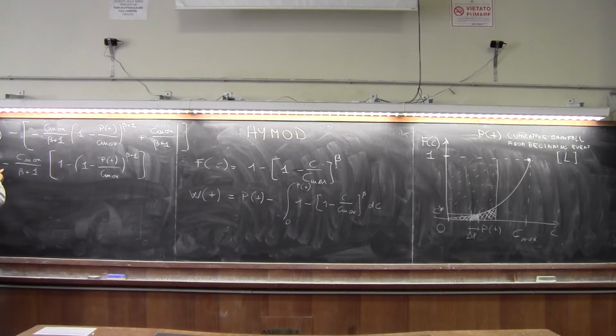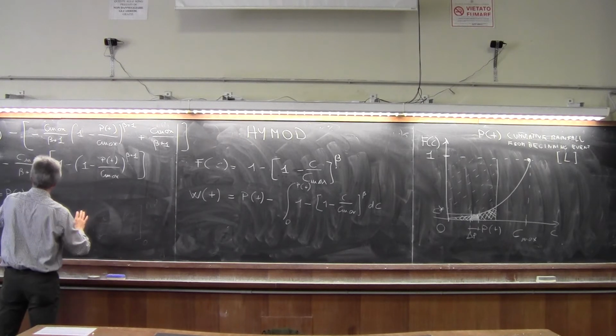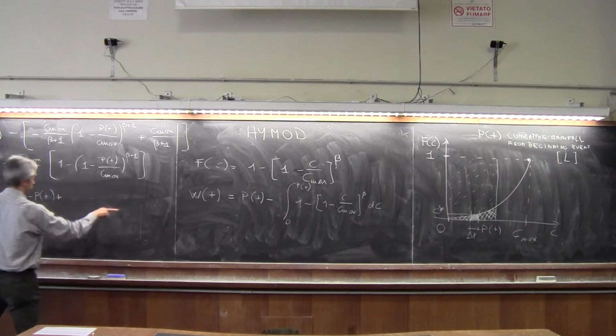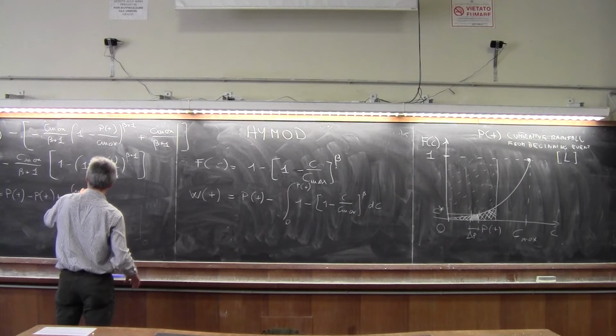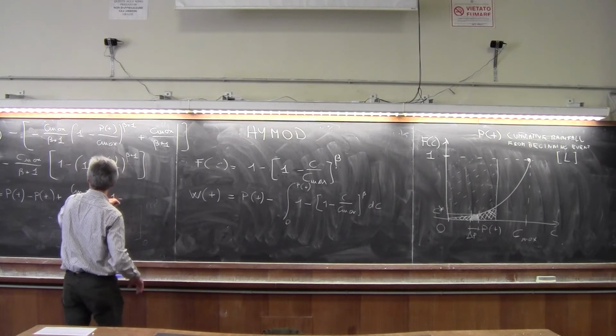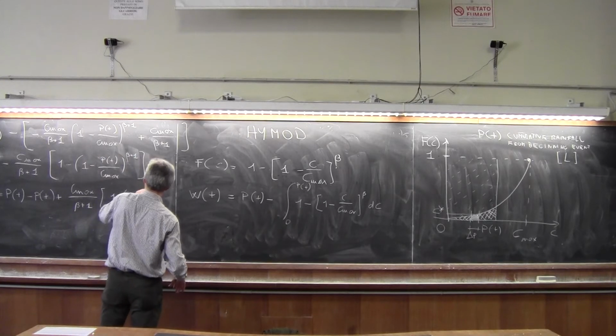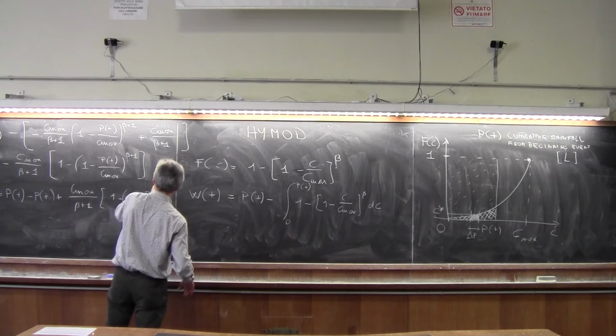So there is Pt minus Pt, and then, let me write it in order to be clear, Pt minus Pt plus, because there is a minus sign, and therefore the minus here becomes plus, Cmax divided by beta plus 1, which multiplies 1 minus Pt divided by Cmax to the power of beta plus 1.